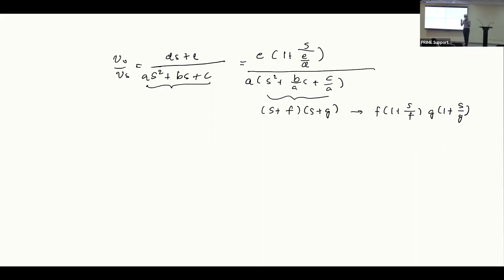Meron pa ring variation pero hindi lalayo masyadong malayo dun sa kinompute natin kanina, no, when we did not consider the Cs of mu. Okay, I just wanted to discuss. So please try to continue this, para may feel kayo for the process.